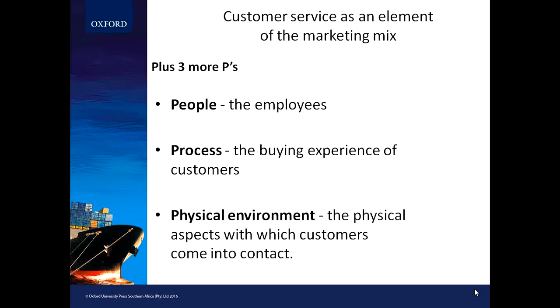Then we have the third point, the physical environment. This talks about the physical aspects with which the customer comes into contact, with examples like warehouses, delivery vehicles, and storefronts, which should be ergonomically designed and well maintained.